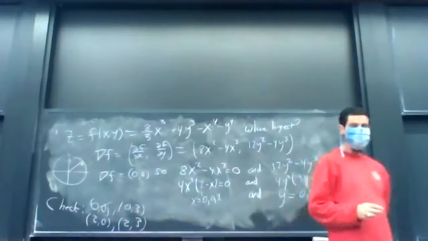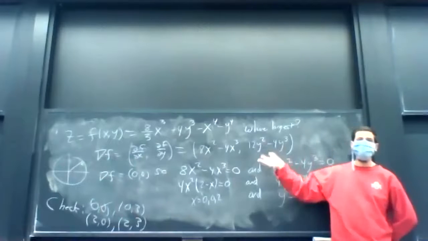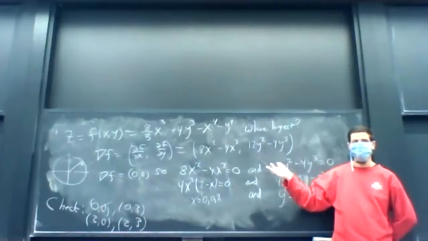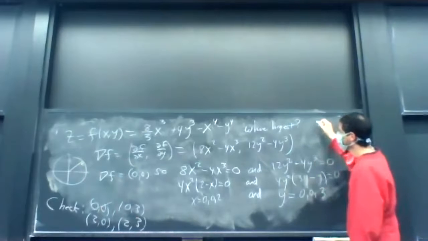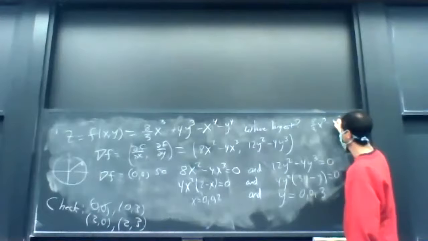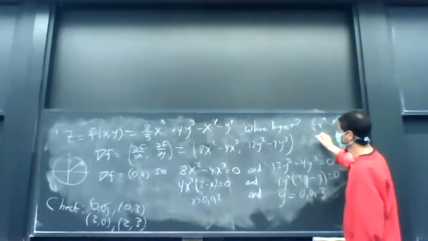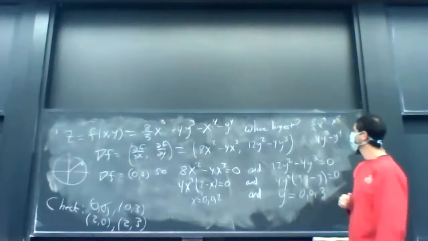There's nothing that says you can't recast the problem to make it easier. This is clearly designed to be a multi-variable calculus problem. But can you read it as two calc 1 problems? Sure. I can view it as 8/3 x cubed minus x to the 4th and 4y cubed minus y to the 4th.